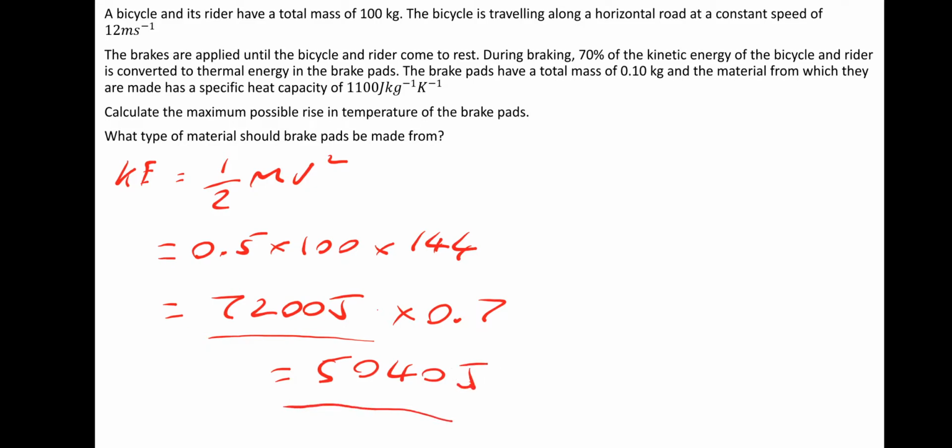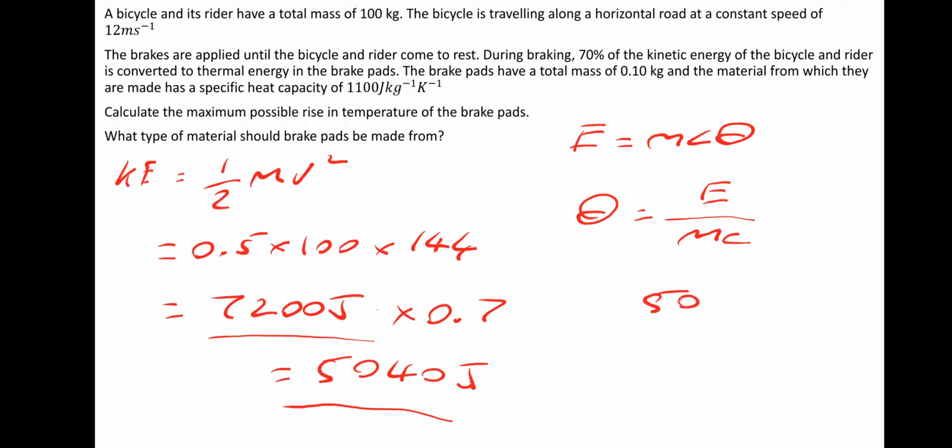Then we need to do E equals mc theta to find the increase in temperature. So change in temperature is energy divided by mc. The energy for the brakes is the 5,040 divided by the mass, 0.1, times the 1100.